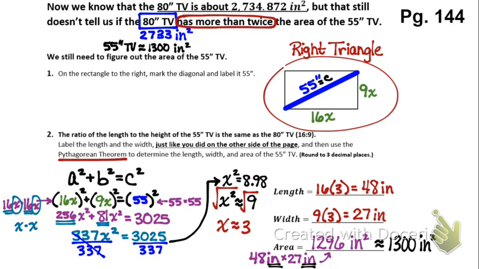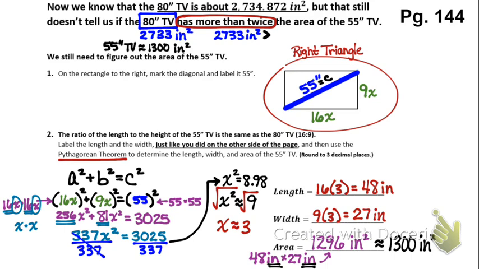So let's evaluate this claim. The 80-inch TV was that 2733. More than, that would be an inequality, right? More than, bigger than, greater than. Alligator eats the bigger thing, right? So it should be like this.